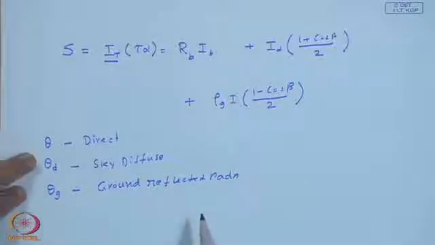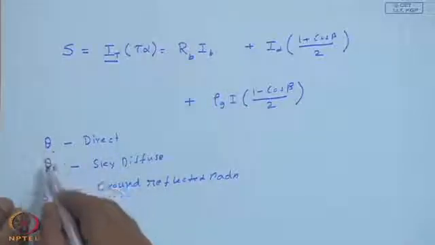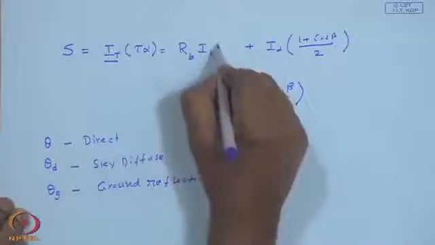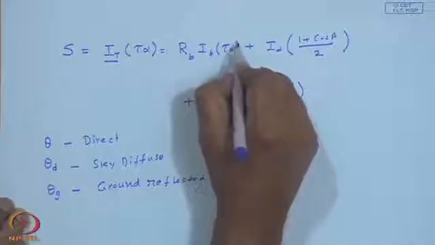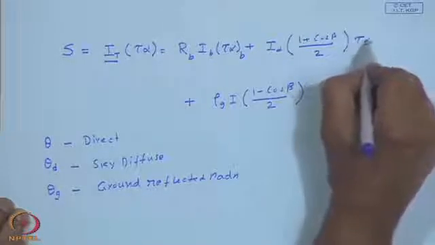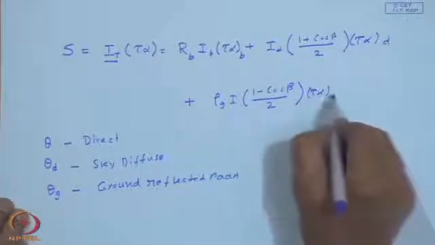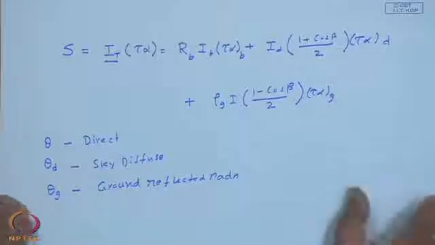We have no idea what theta d and theta g are, but for a given hour, day, location and orientation of the collector, we can calculate the angle of incidence at which the direct radiation strikes. So, to distinguish theta, theta d, theta g, I shall fill in these blanks with tau alpha designated as tau alpha b, this one with tau alpha diffuse and this one with tau alpha ground reflected radiation.